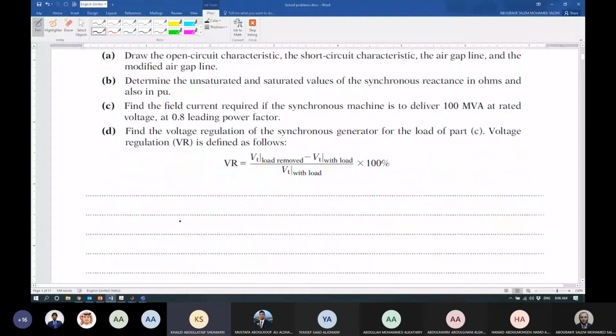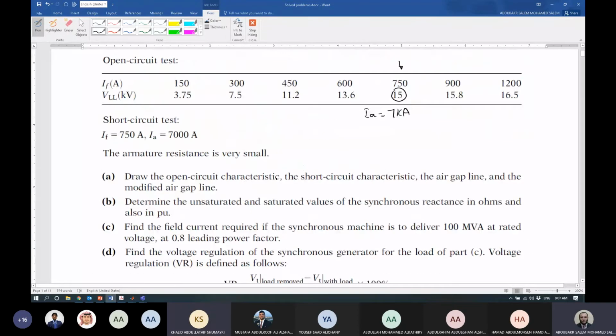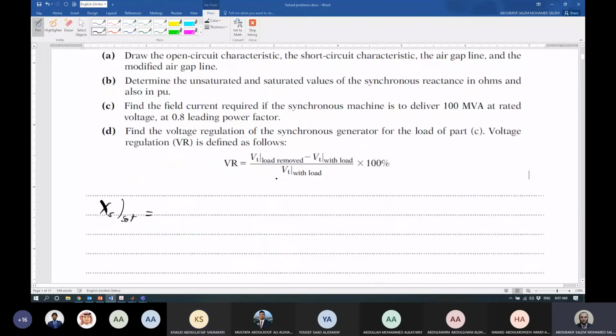VT over I. Exactly. So we can say now X saturated equals VT. Which VT now? From the characteristic we should calculate at rated. Exactly. So it's rated volt, V rated, over the value of IA. Which value of IA?